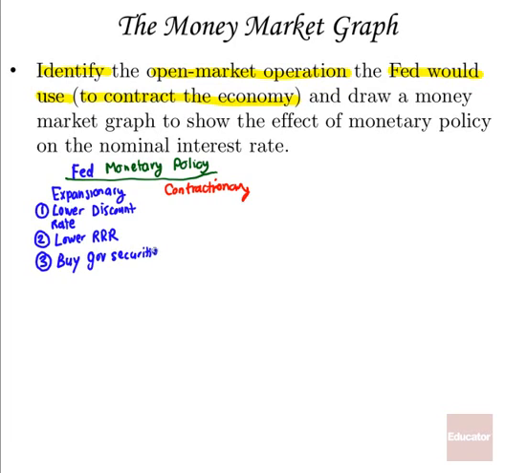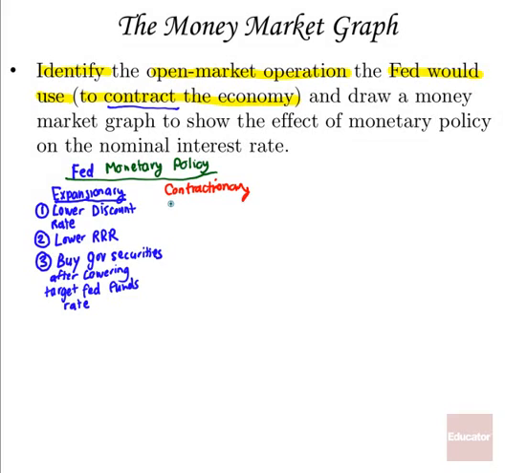Now, when they buy government securities, this is usually after lowering the target federal funds rate. So these things will expand the money supply here. Now, the open market operation that the Fed uses to contract the economy is the opposite here.